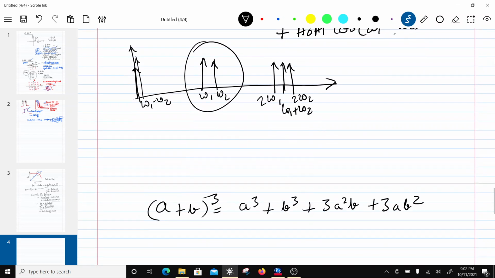We are going to have (a plus b) cube, which is a cube plus b cube plus thrice of a square b plus thrice of a b square, right? In this case, let me not write all the trigonometric formulas.